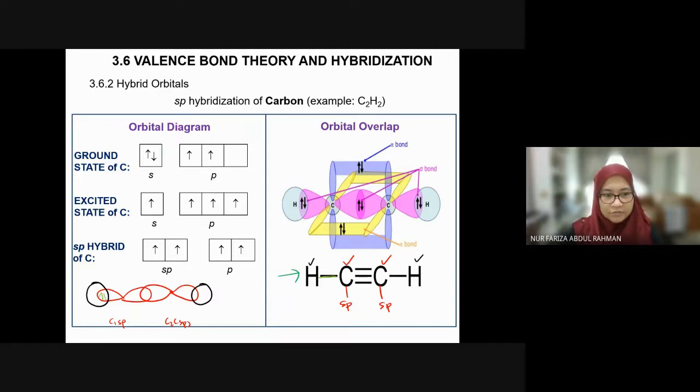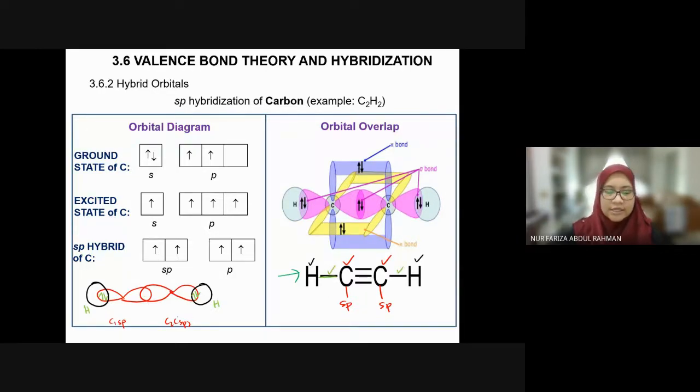Okay, 1, 2. So one should come from carbon, the other one should come from hydrogen. Don't forget to label, guys. I'm lazy to change color, so I'll use the same color. If you want to make it nicer, change the color. Okay. Alright. Yep. Okay, so we have this one already.